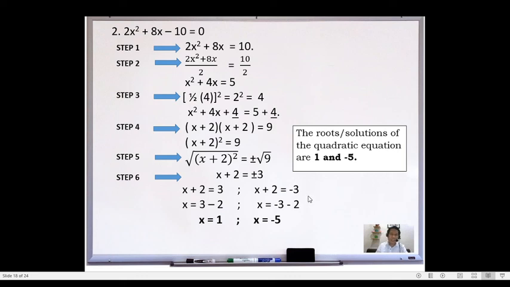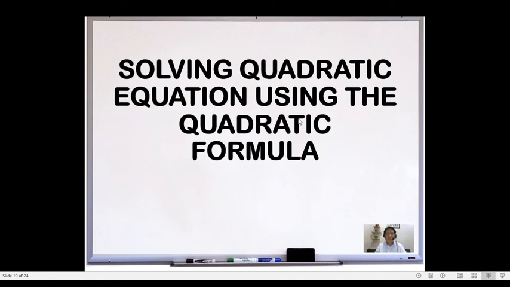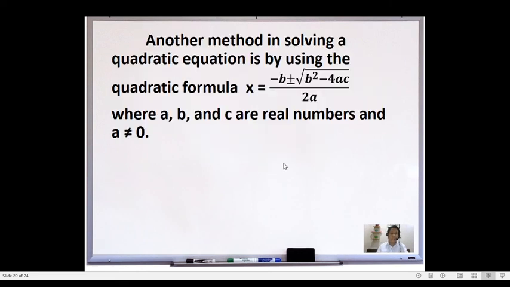Therefore, the roots or solutions of the quadratic equation 2x squared plus 8x minus 10 is equal to 0 are 1 and negative 5. So that is the method of completing the square. The last method in solving quadratic equations is using the quadratic formula.